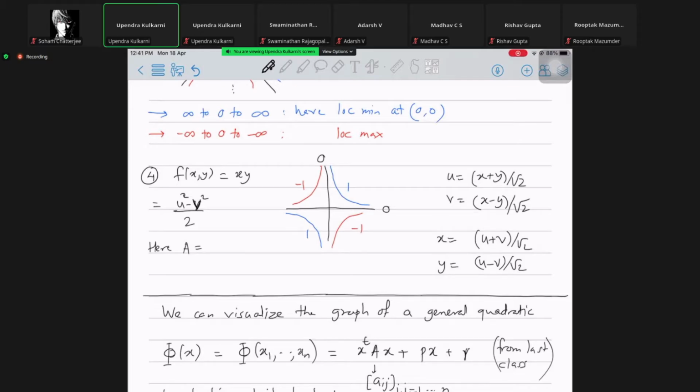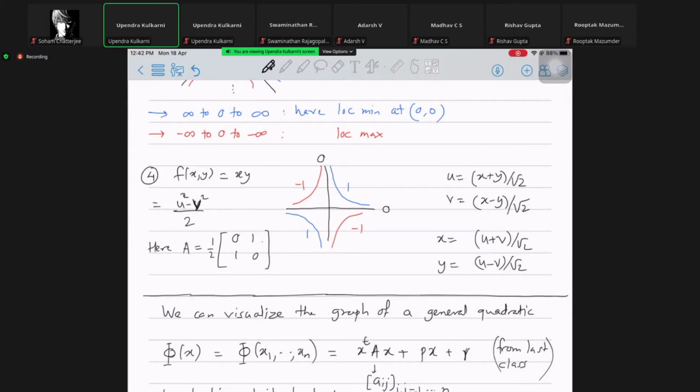Correct. 0, half, half, 0. Okay. What matrix is this? Let me just change this here, because I don't want to have this half cluttering everything. So I will just keep the half outside.